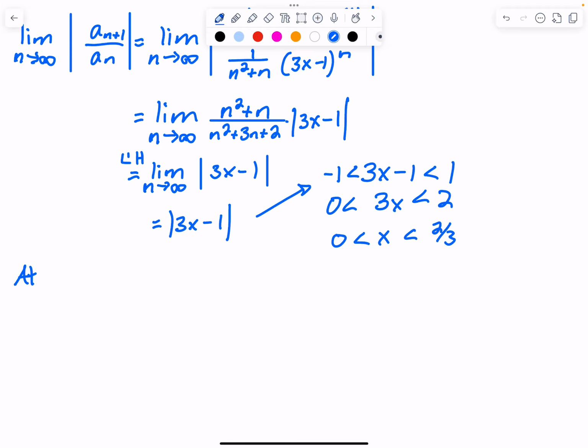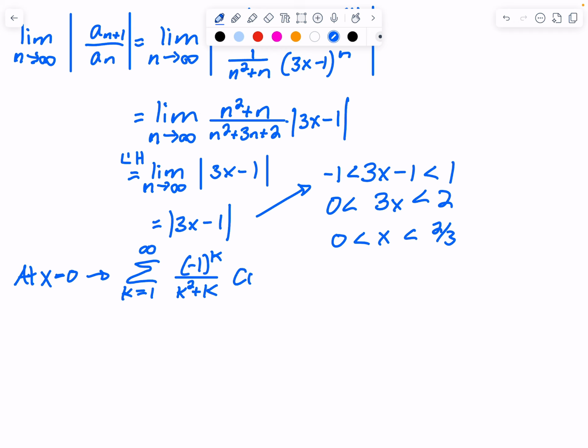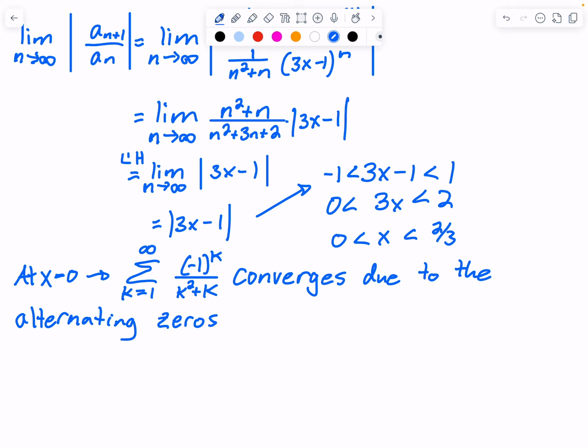At x equals 0, we get the series from k equals 1 to infinity. If I plug in x equals 0, on top I'll get a -1 to the k power, and then k squared plus k didn't change at all. So there's my series, and this converges. How I can tell is because of the alternating series test.